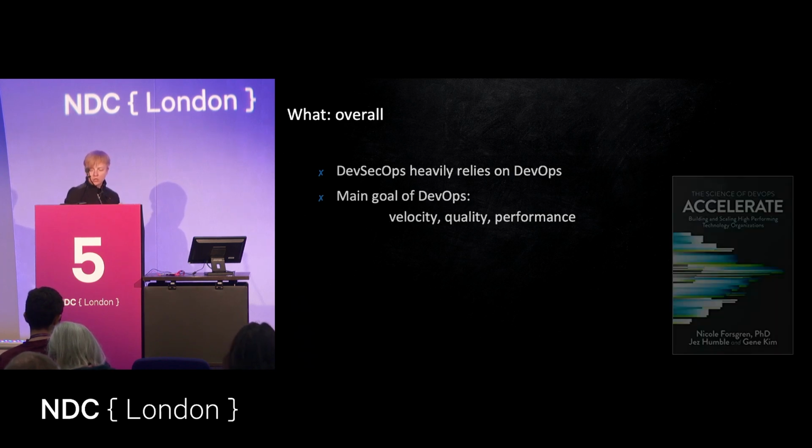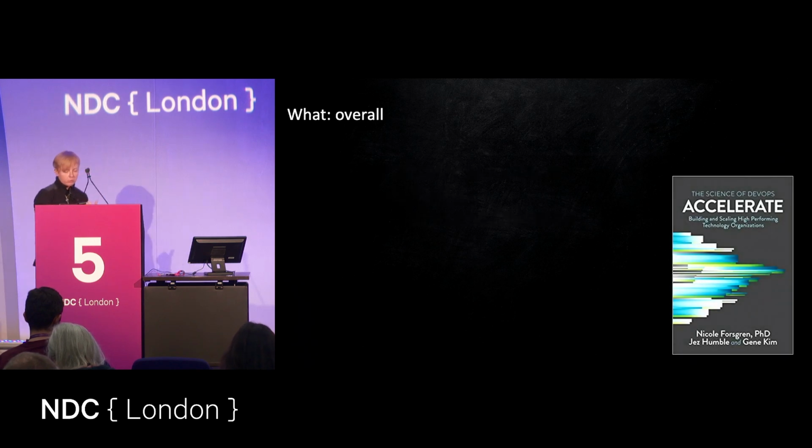In this particular case, I would suggest, it's quite an old book, to be honest, but it's a really good book when it comes to DevOps. It's called Accelerate. And what it does, it introduces one of the most popular metrics, which are called DORA, or DevOps Research and Assessment metrics.